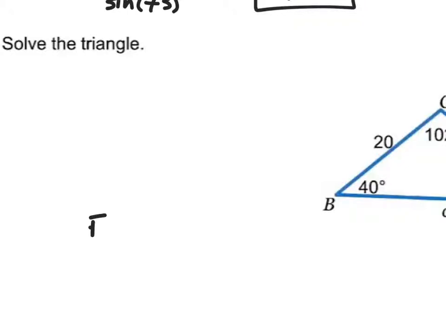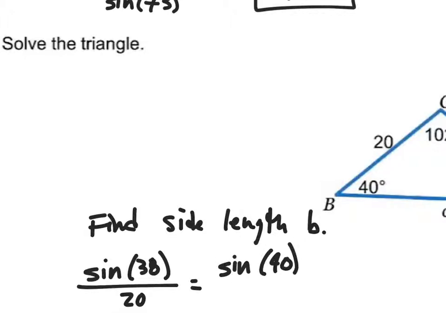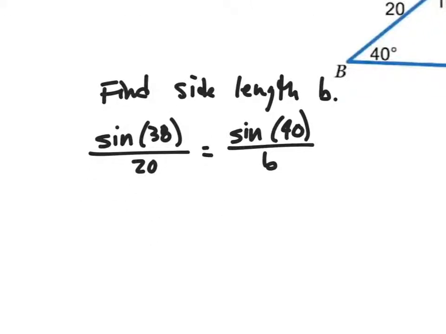All right, so let's find side length, no, let's just do B. Okay, so what I want to do is set this up as sine of A, which is 38 degrees, divided by side length A, so that's 20, is equal to sine of 40, which is angle B, divided by side length B. Okay, go ahead and cross multiply.